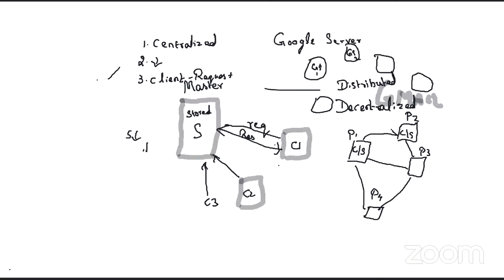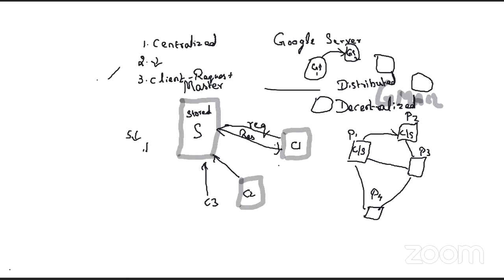So the Google server will be designed such that it is able to give a response to the maximum number of clients connected at a particular time. That is why so many servers are allocated at different locations, and if one particular server is overloaded, automatically the request will be forwarded to the next server, right?